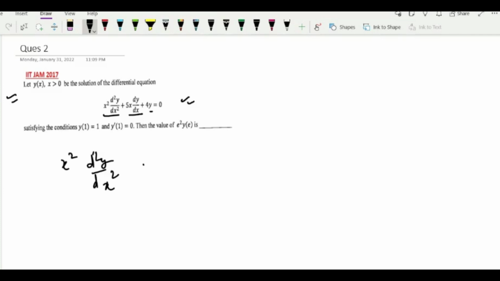The only difference is that in this question, we have a condition on y. So we have to find the complete solution of y first. Then after finding y, we have to put y of e and multiply it by e square. We will get the required answer. So an easy question again.